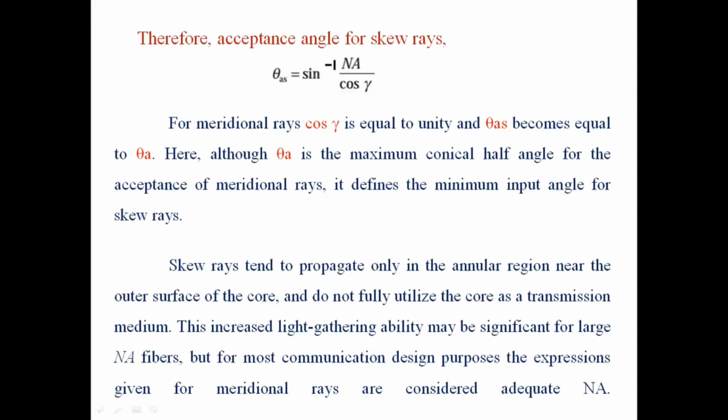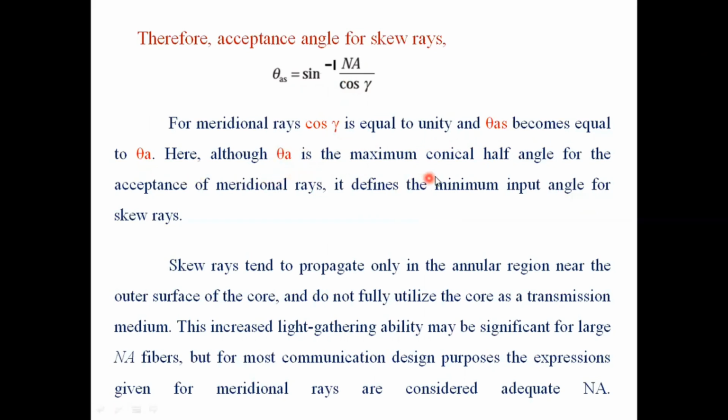Therefore theta as equal to sine inverse of numerical aperture divided by cos gamma. This is the acceptance angle for skew rays, that S means skew rays here. Therefore, for meridional rays, cos gamma is equal to unity and the acceptance angle for skew rays becomes equal to theta A, the acceptance angle for meridional rays.